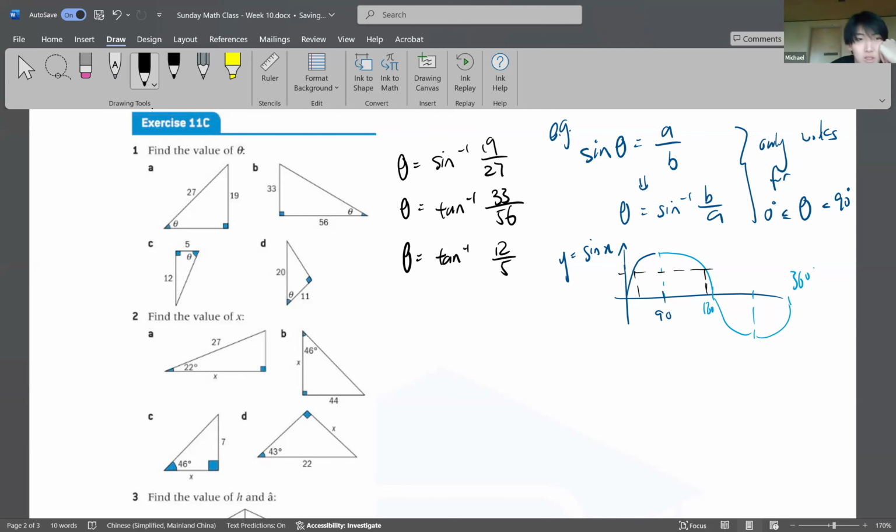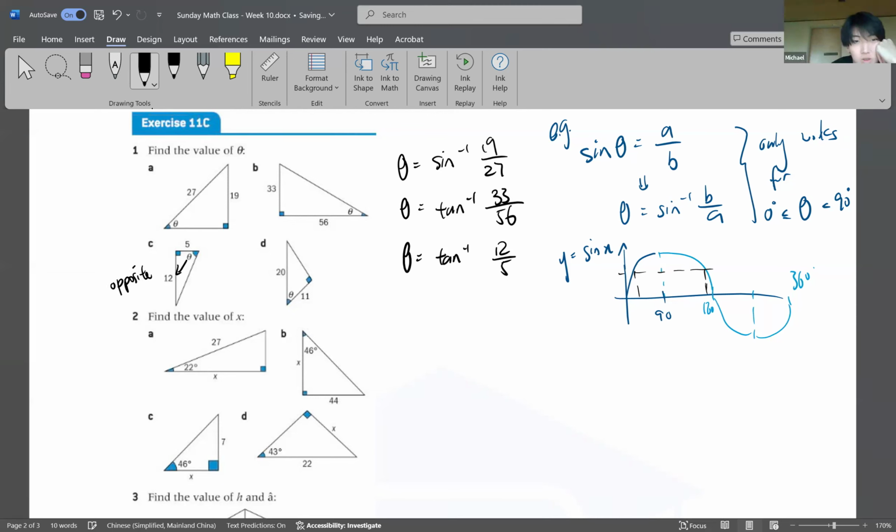Where is the 5, opposite of theta? I'm wrong. Yeah, it's 12 over 5. This is your adjacent. Opposite and adjacent, or hypotenuse, depends on where your theta is. I mean, hypotenuse is always the diagonal, but opposite and adjacent depends on where theta is. It's not always the horizontal one that is adjacent, okay?